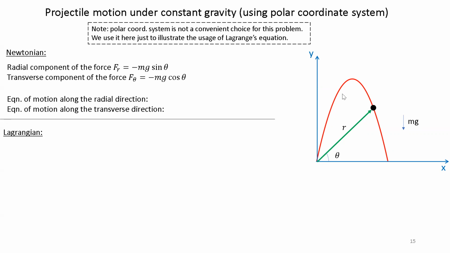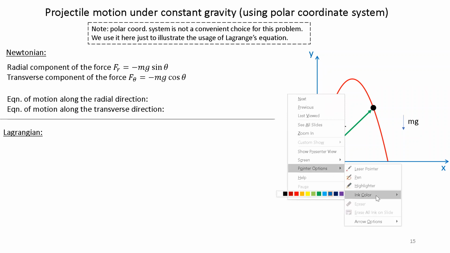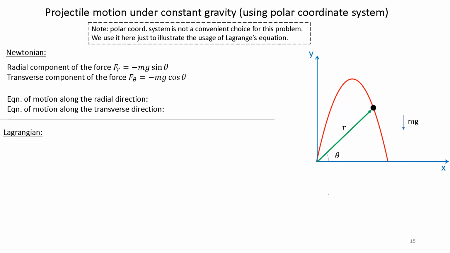This is the trajectory of the particle. Suppose at some time t the particle is here. As I said before, if you want to use the polar coordinate system, you always want to decompose everything in the radial direction and the transverse direction. The force, we know, points like this, mg.